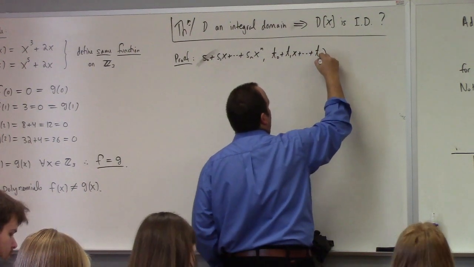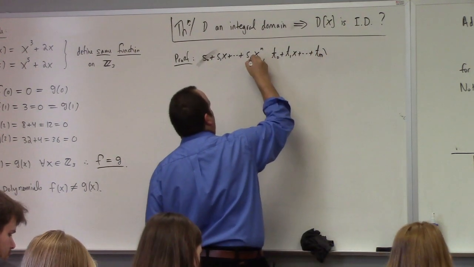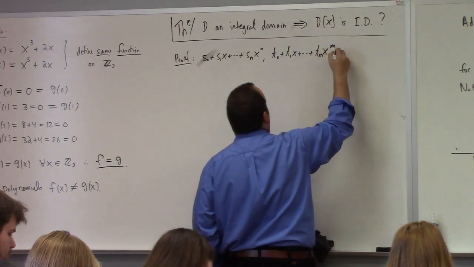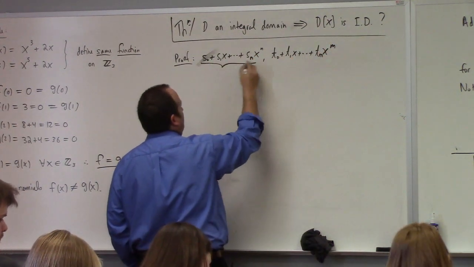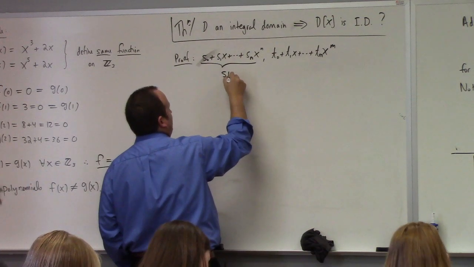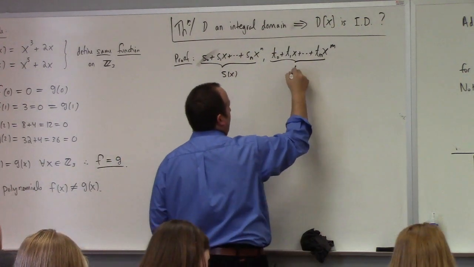Let's say m as in mommy, whereas this is n as in nenu, and x to the m. And for the sake of not writing those again, let's say that that's s of x, and let's say that that is t of x, yeah?